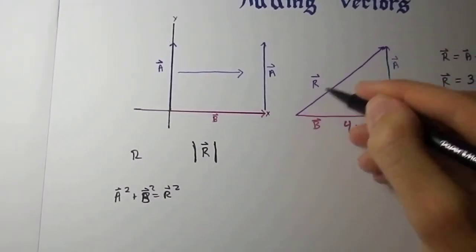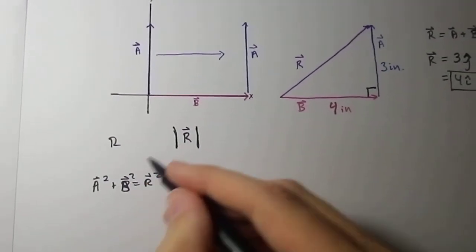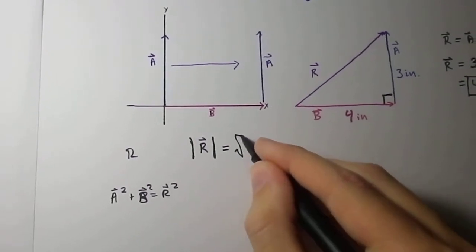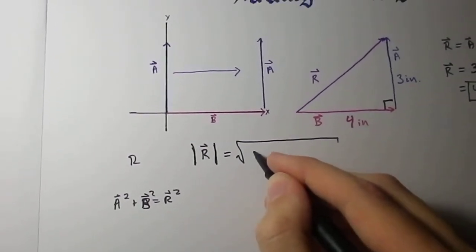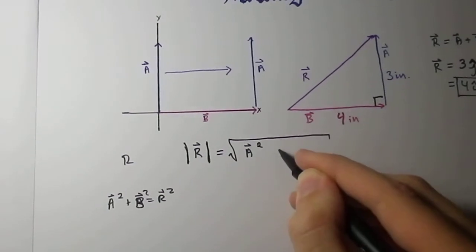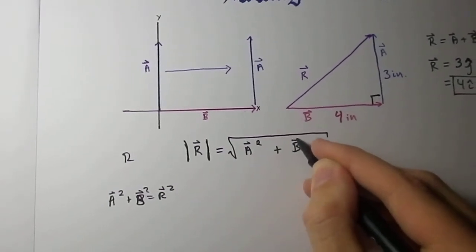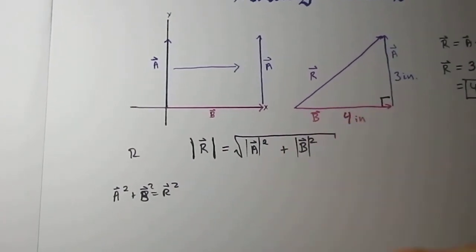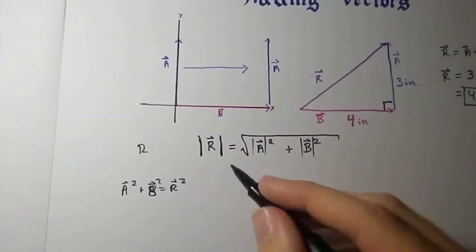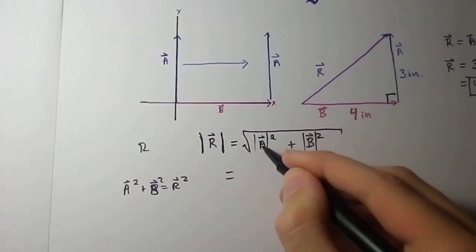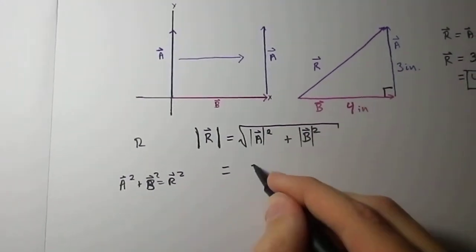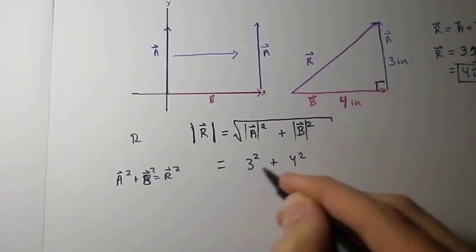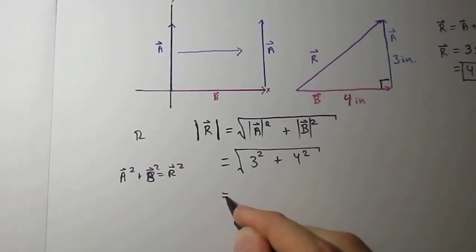You use the Pythagorean Theorem to find vector r. Instead of saying vector r squared equals that and doing an extra step, you could just automatically put a square root sign over a squared plus b squared, of the magnitudes of these. So you just plug in the magnitude of vector A, which is 3, so it's 3 squared, and the magnitude of vector B is 4 squared, all under a square root sign.